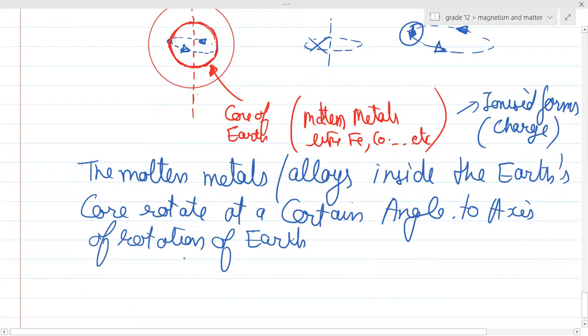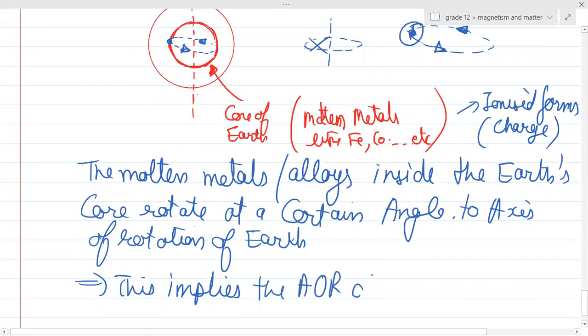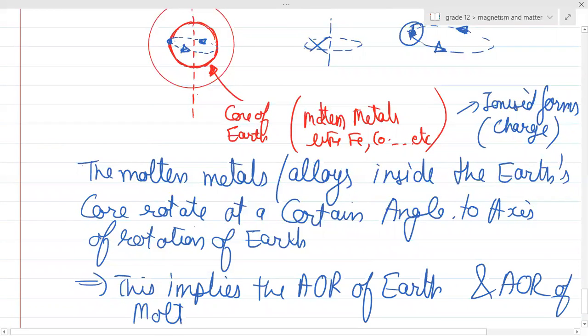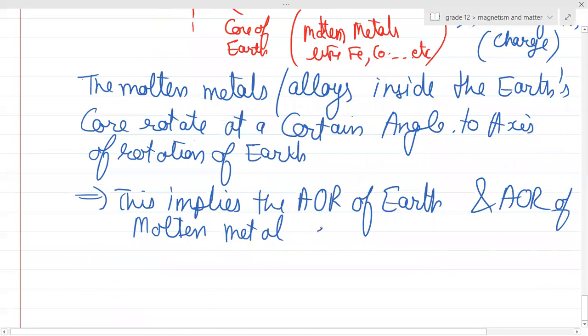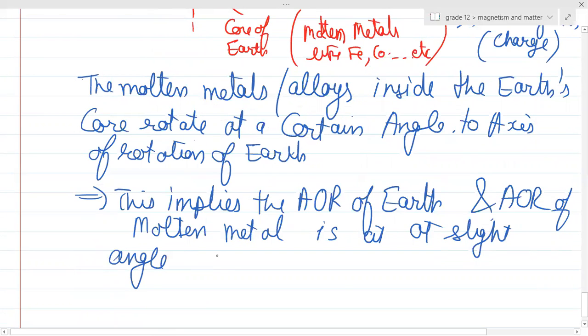This implies that the axis of rotation of molten metals and the axis of rotation of Earth are at a slight angle with each other.